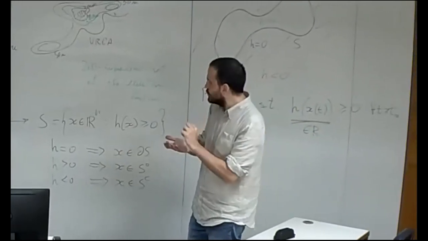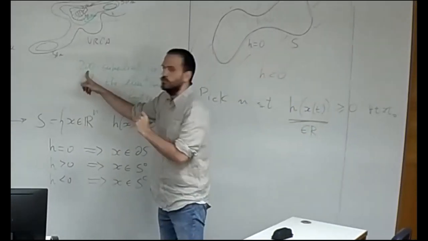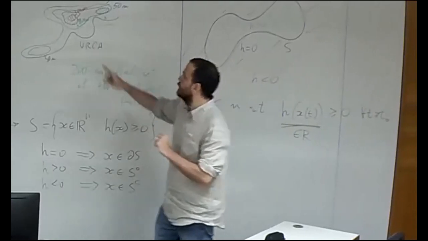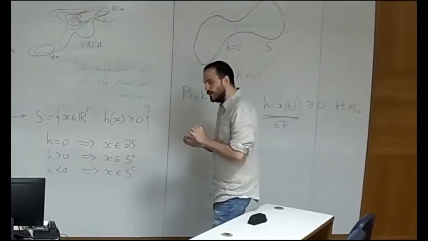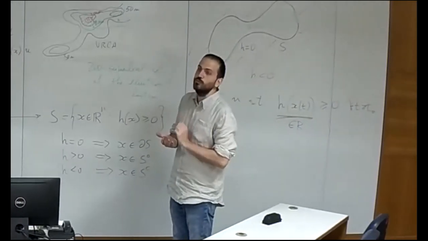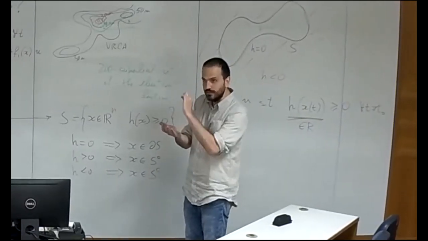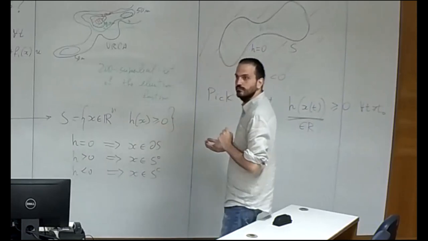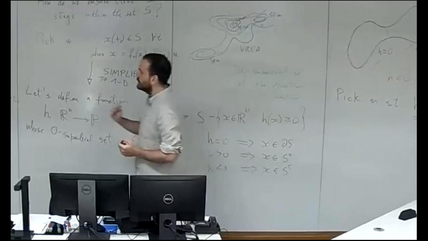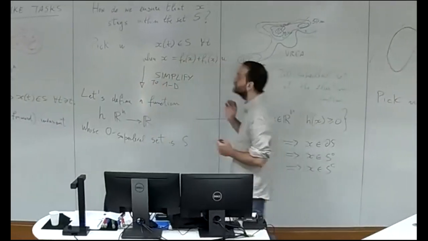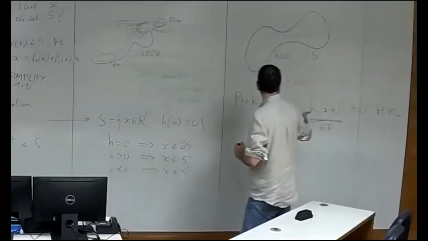But as it's going closer to 100, let's say we want to stay within these three regions, we need to figure out a way to move such that this number doesn't move below 0. And how do we figure out how this number moves? That is the dynamics of h.